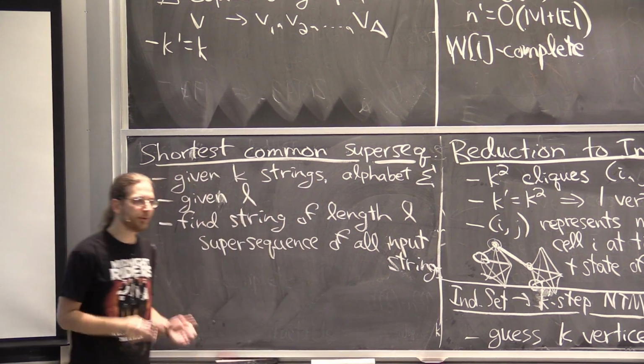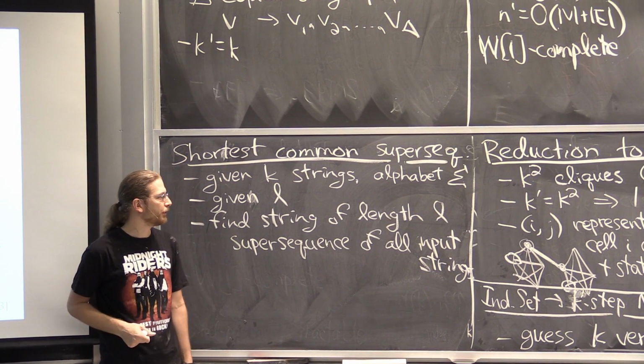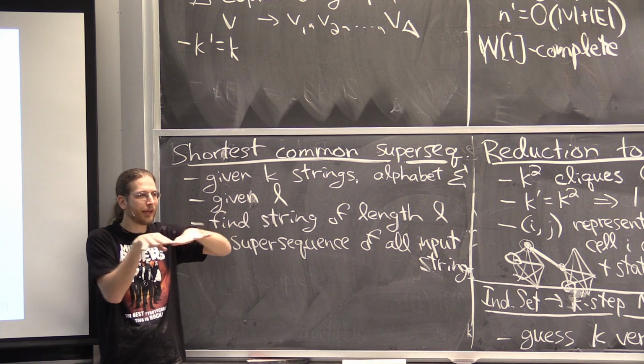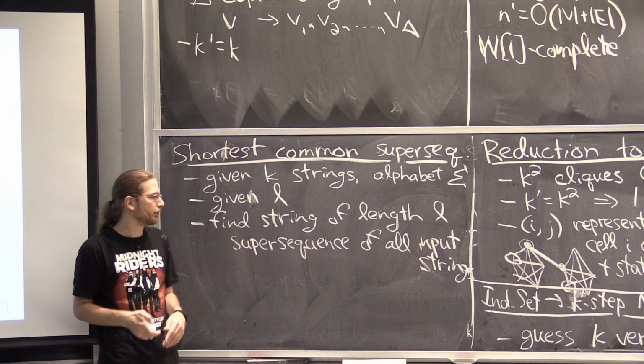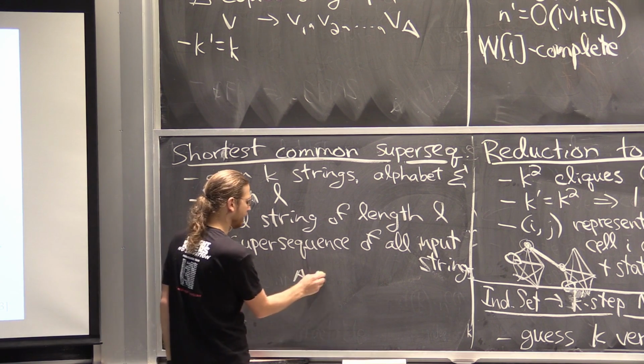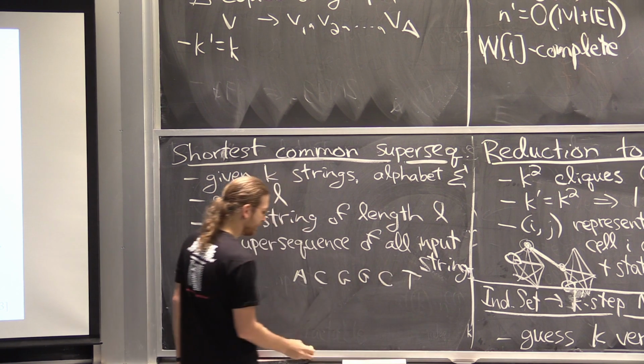So maybe you're given the DNA sequence of human and the DNA sequence of mouse, and you want to know what is the shortest DNA sequence that contains all of the letters of those strings in the correct order. So this is often called an alignment. Maybe you have A, C, G, G. This is probably not valid, but whatever.